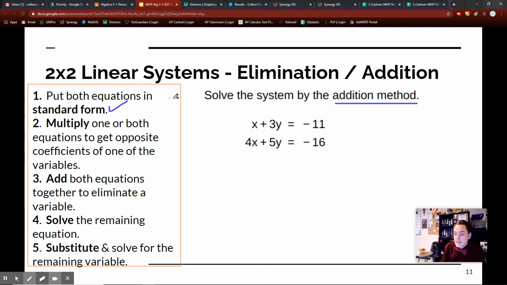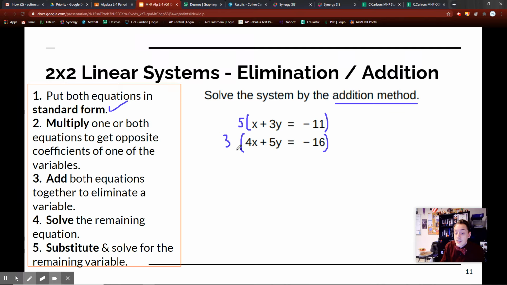Now think about this. You could multiply and eliminate the y's. You can absolutely do that. If I did, I would need to multiply this by 5, and I would need to multiply this by 3, because I need to get opposite coefficients. I need to basically find the LCM, the least common multiple.